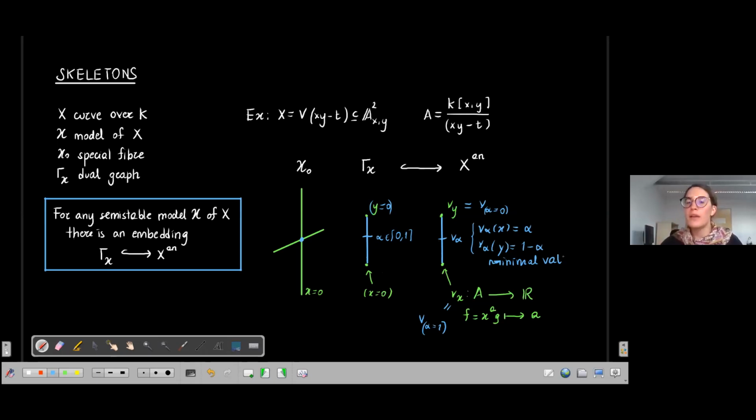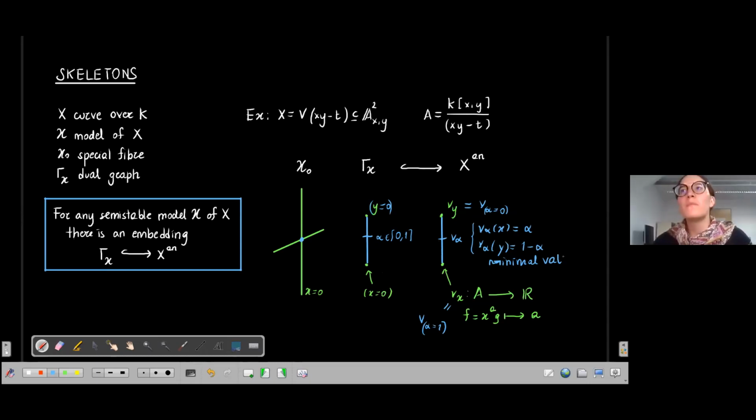I will probably put an exercise in the problem session where you can work these details out, but this is the reason why I say the points in the middle are interpolations of the order of vanishing. I hope that's clear.